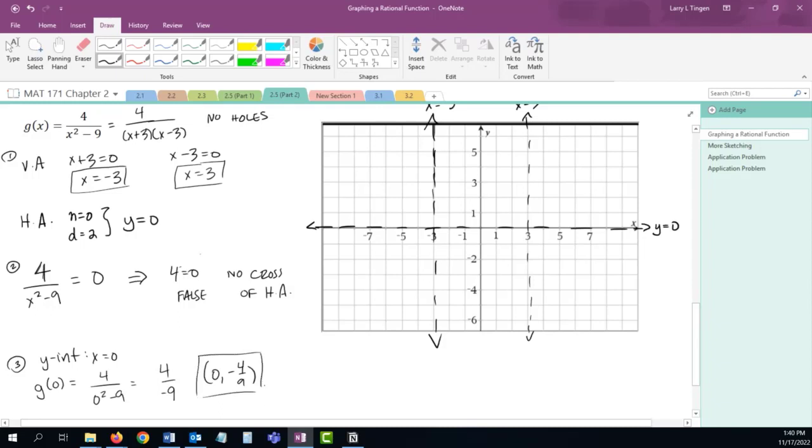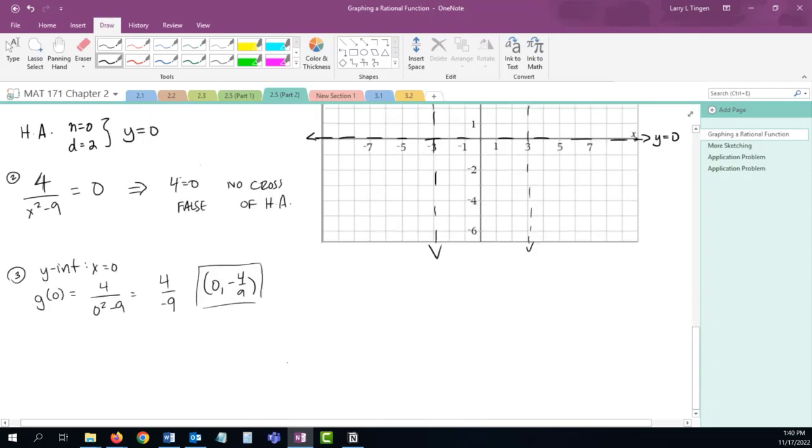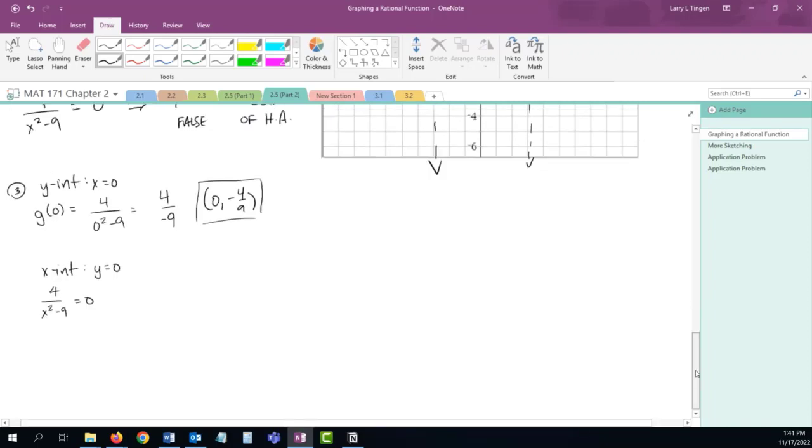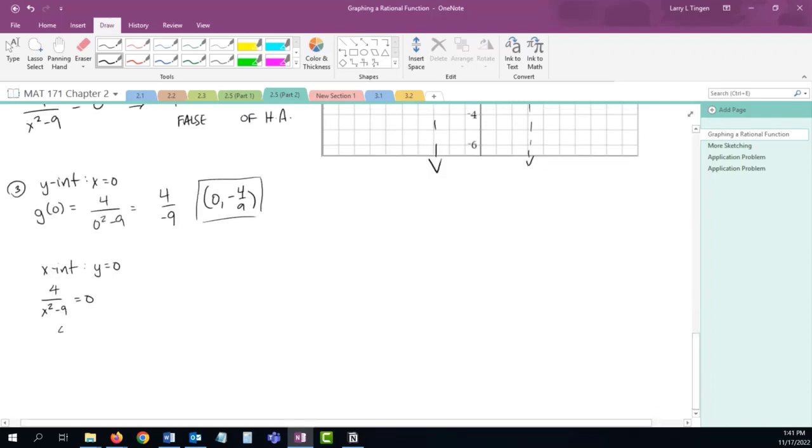There's one intercept. And let's go under that to get the x. X-intercept means I let y be 0. So my original function equals 0. I already found that to result in 4 equal to 0, which is false.